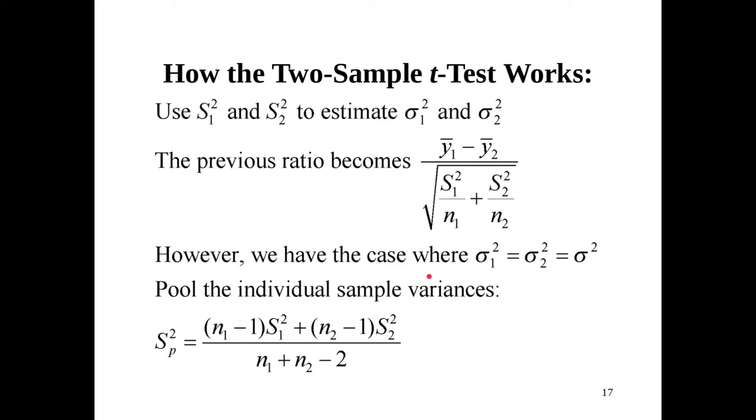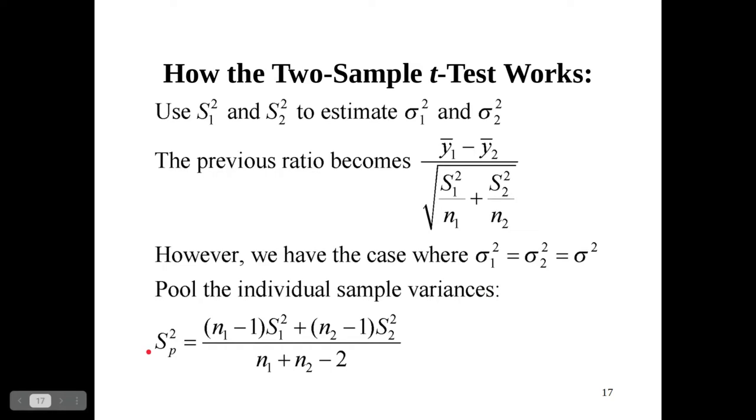However, we have a case where sigma 1 square is equal to sigma 2 square is equal to sigma square. What we mean by that is the population variances of the two groups, the modified formulation and unmodified formulation, are the same. So in that case, we can pool the individual sample variances.